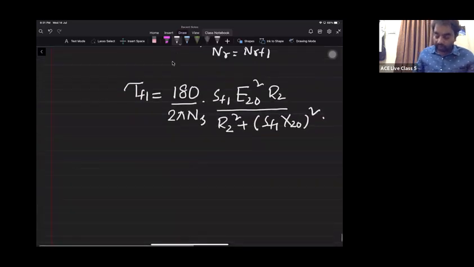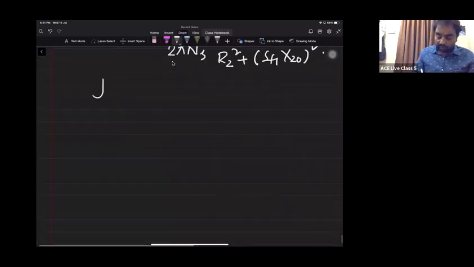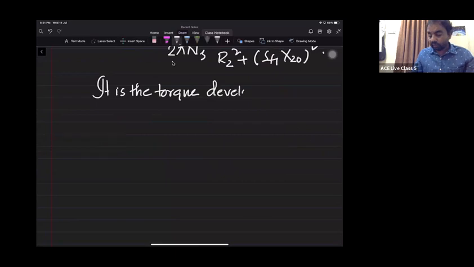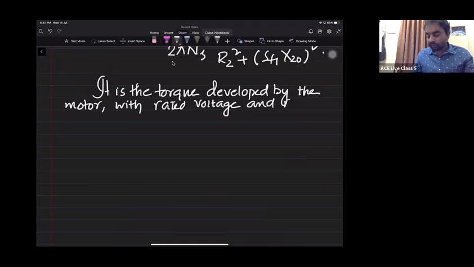What is the definition? So can I write? It is the torque developed by the motor with rated voltage and rated current while delivering the rated output power.